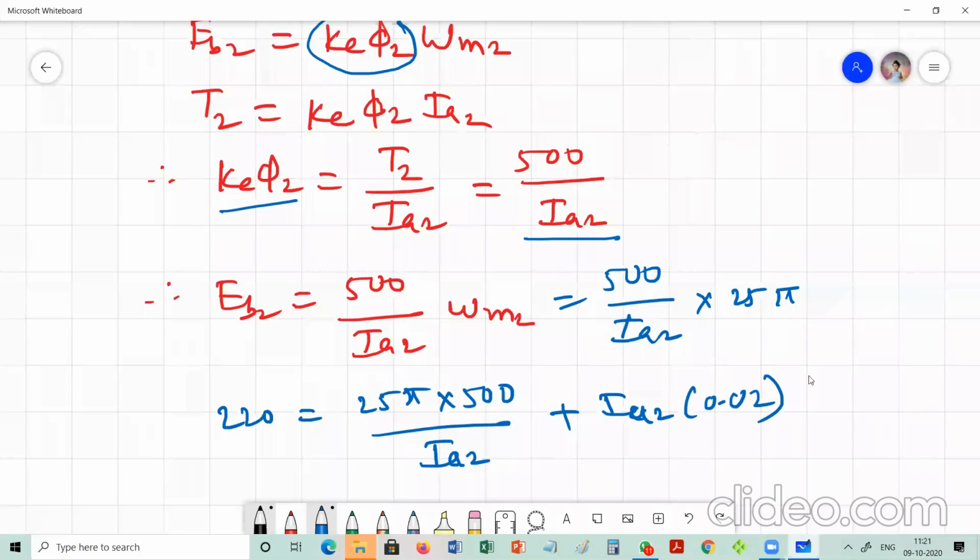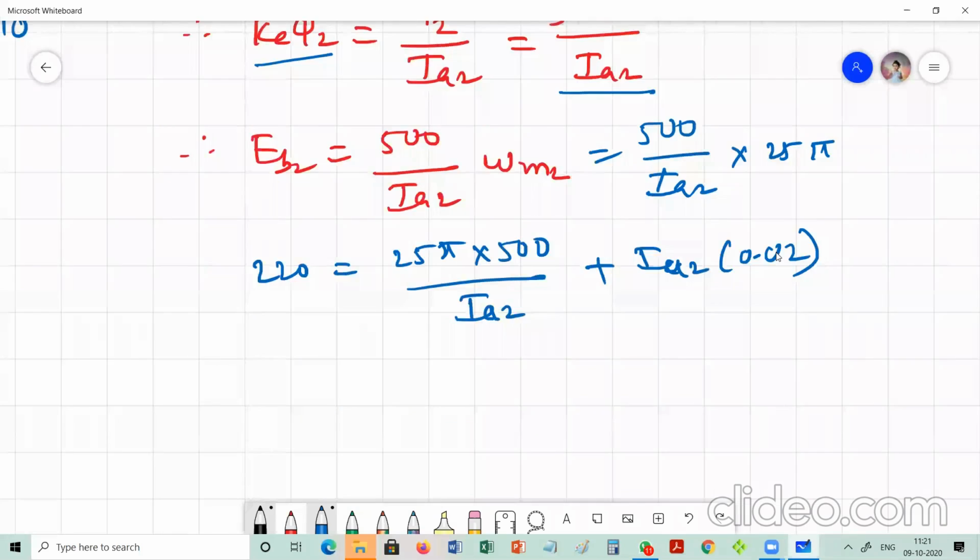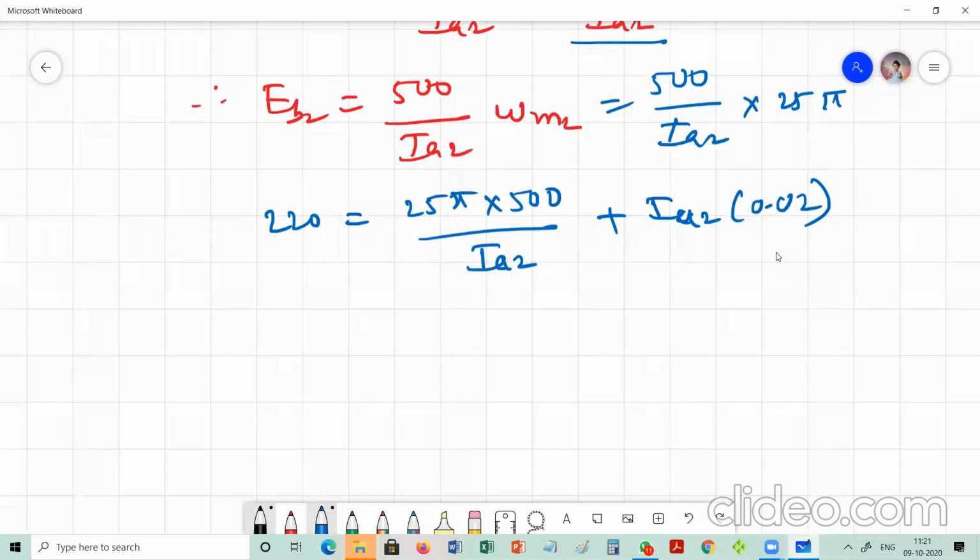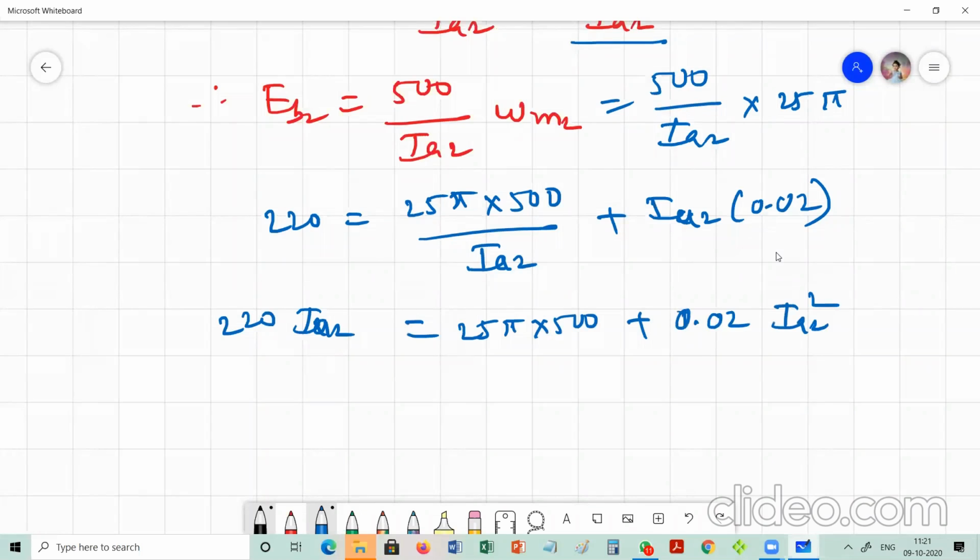We can multiply both sides by IA2. So 220 IA2 is equal to 25 pi into 500 plus 0.02 into IA2 square.